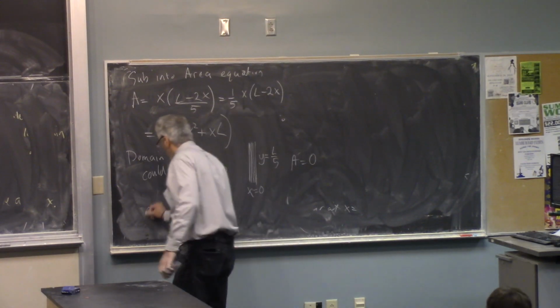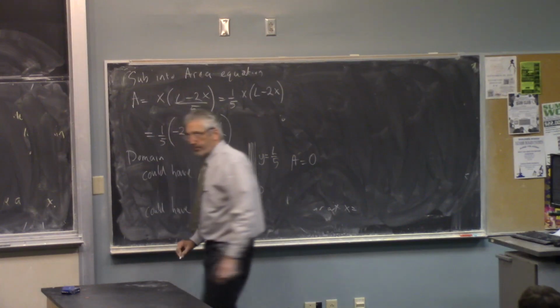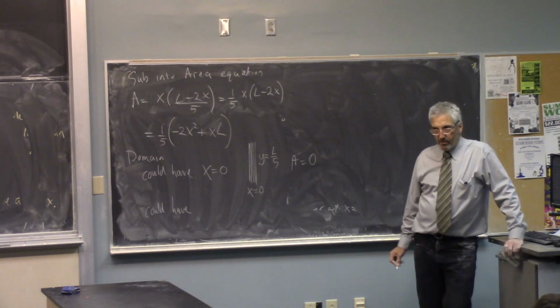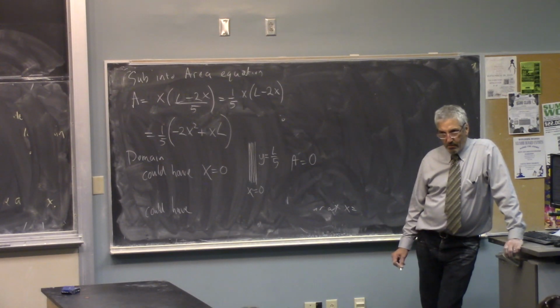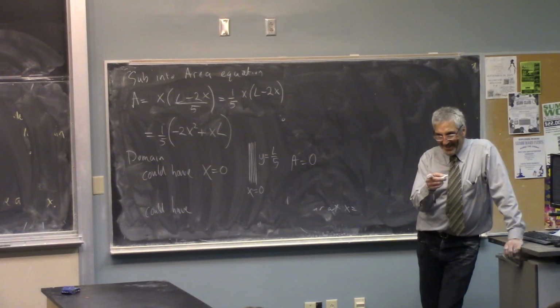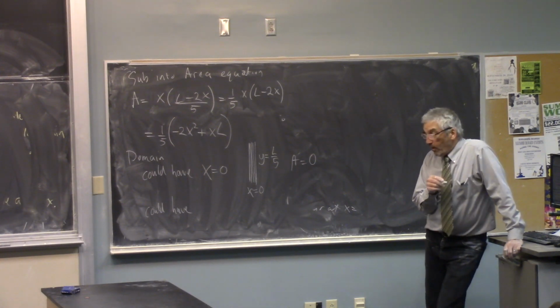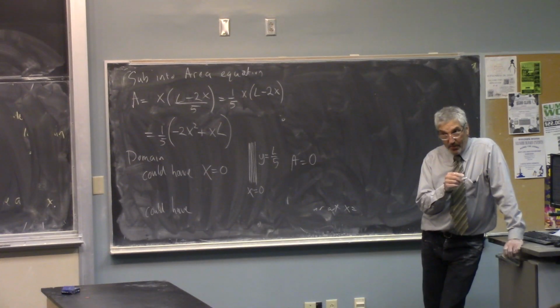You could also have, well, what's the other extreme? What's the biggest x could be? Well, how much fence have we got? We've only got L amount of fence available.